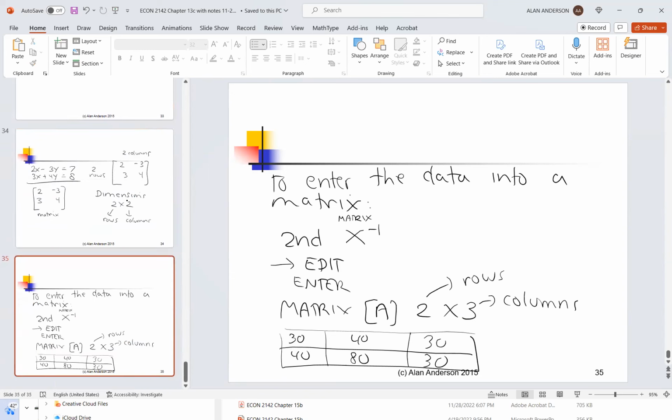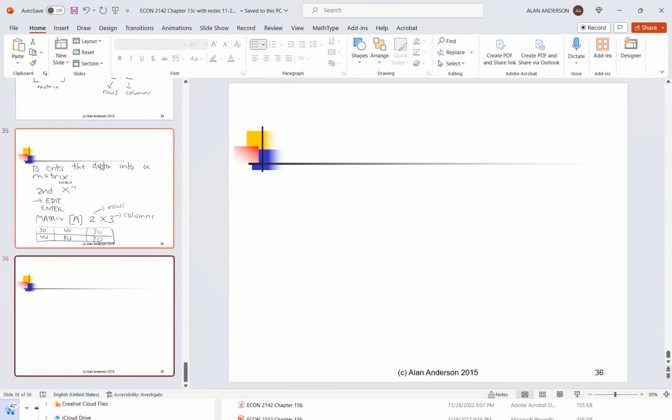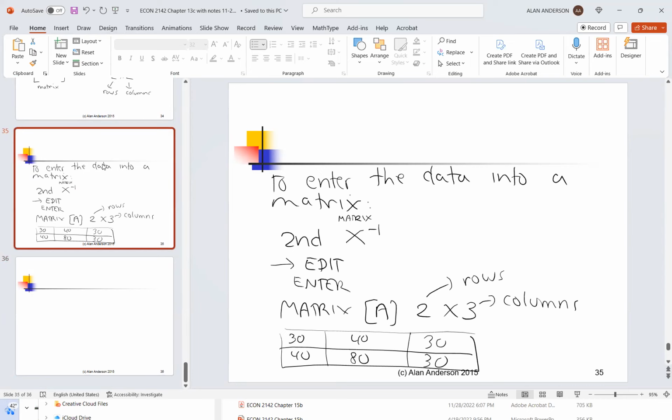So literally all you have to do is enter those numbers. All right, so let me leave it there so you can see. Go ahead, enter those numbers into matrix A. Right, 30, 40. 40 and 80. 30 and 30. Okay, so I'll give you a minute to catch up and then we'll see what comes next. And you'll be very pleasantly surprised by what it's capable of doing.